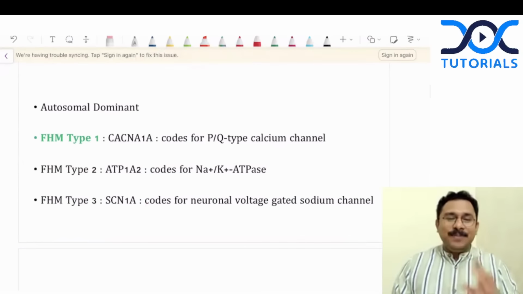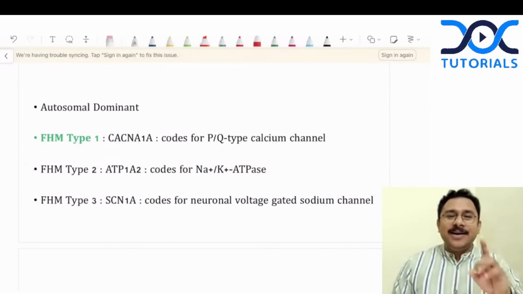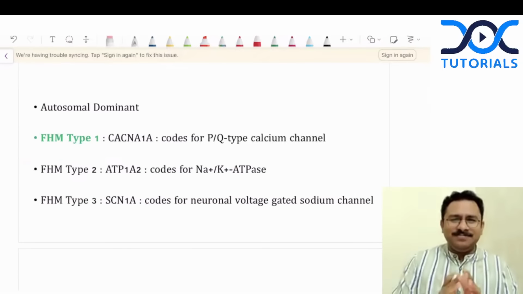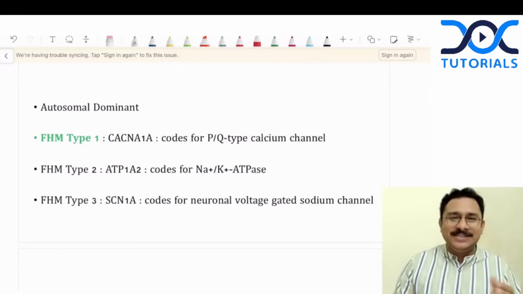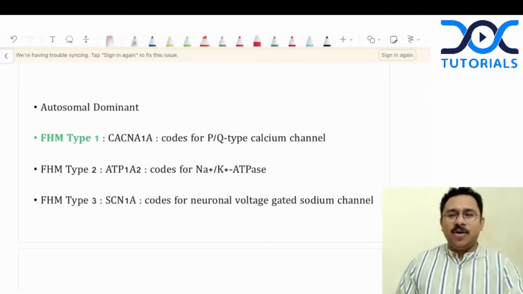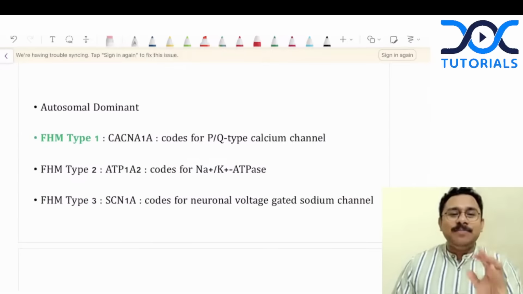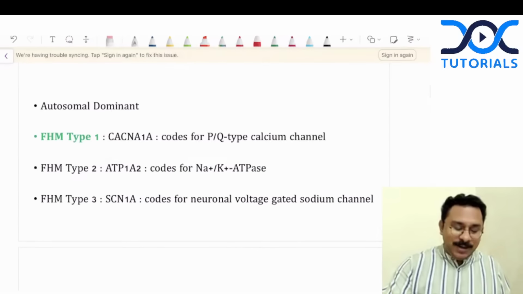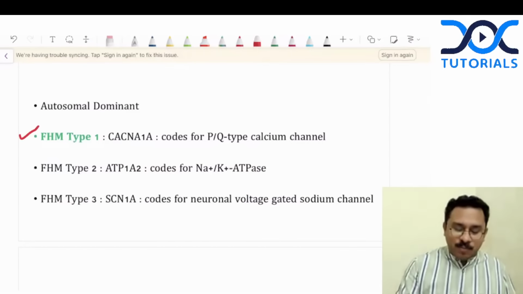Okay. And remember, familial hemiplegic migraine, 3 important types are there and 3 important genes are there. Even if you don't remember all the genes, that's okay. But my dear students, you have to remember what is the gene mutation associated with the most common type of hemiplegic migraine, FHM type 1.